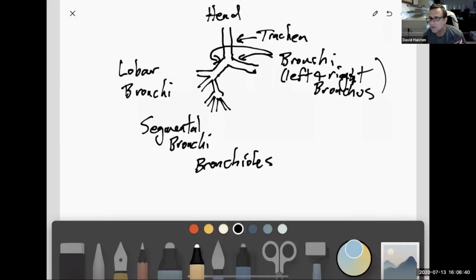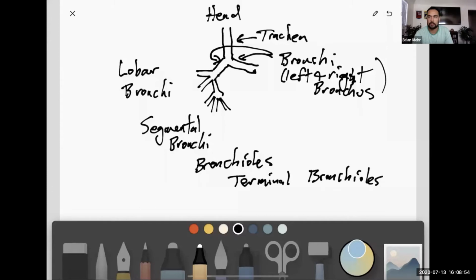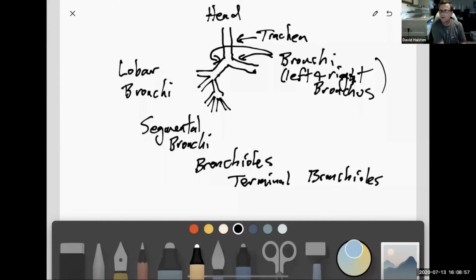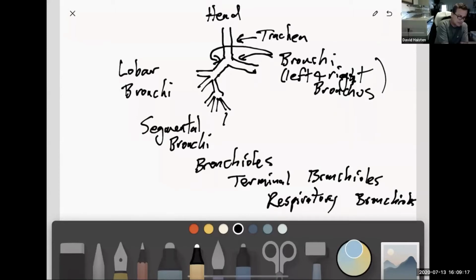And then bronchioles are going to split into terminal bronchioles. And finally, those are going to split again into what are called respiratory bronchioles. So we just have splitting, splitting, splitting, splitting, splitting all over the place.